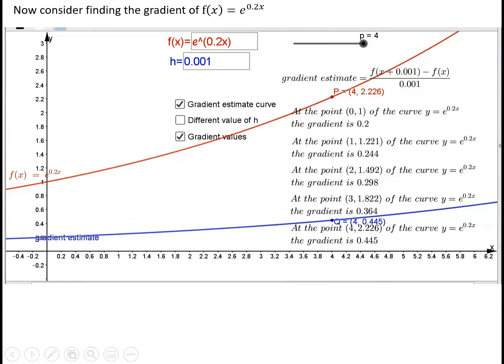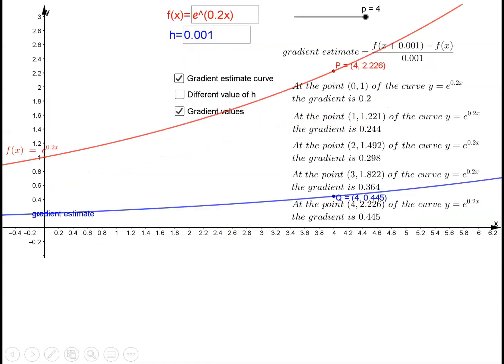Now let's take that diagram and look at the results a little bit more carefully. The gradient at the point where x equals 0 is just 0.2 times 1. The gradient at x equals 1 is 0.2 times 1.22.